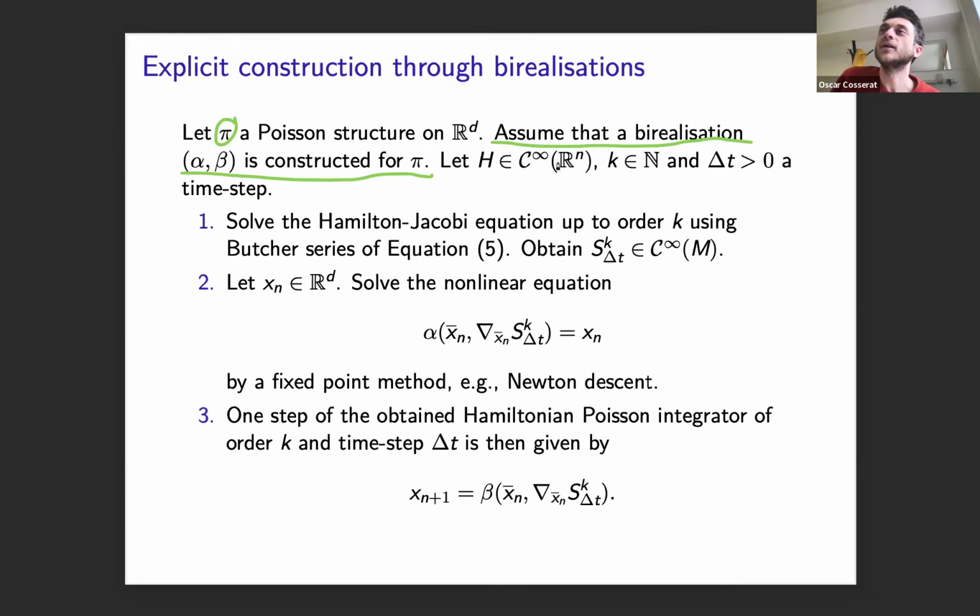So let us assume we have a B realization for the Poisson structure pi, and let H be a Hamiltonian. Here everything is in coordinates. Oh, there is a typo here, it's d here, sorry. Everything is in coordinates because when you do numerical analysis, at some point you have to implement something on your computer, and this will be in coordinates.